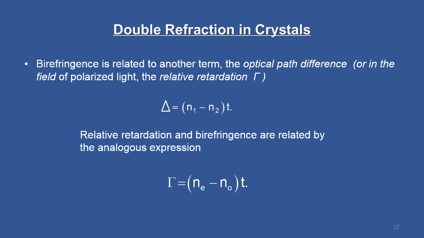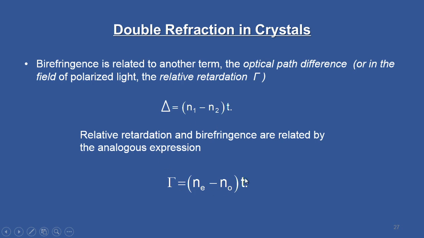Otherwise, in optical literature it is referred to as optical path difference, which we have already seen: delta equals n1 minus n2 times T, where T is the thickness of the glass or the medium. Relative retardation and birefringence are related by an analogous expression, that is capital gamma equals Ne, the refractive index of the extraordinary ray, minus No, the refractive index of the ordinary ray, times the thickness.